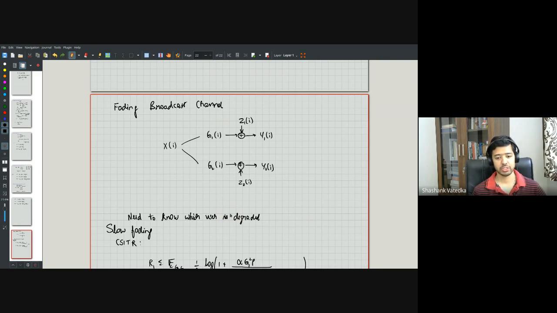But for certain special cases, for example, if it is slow fading and you have channel state information at both the transmitter and the receiver, then you can do something. Because we saw that if the channel is not degraded, then we don't know what the capacity of the channel is. Any questions?